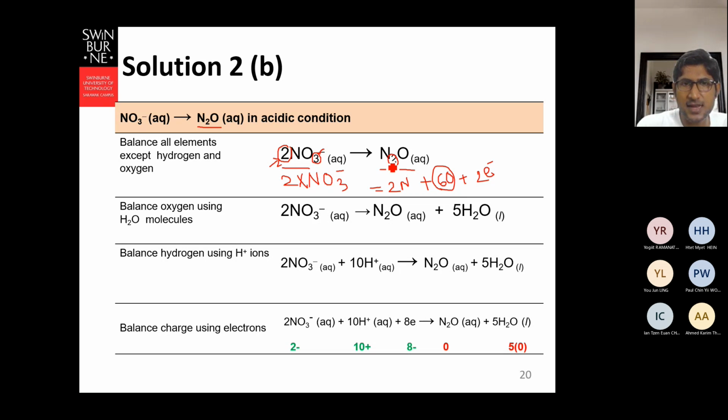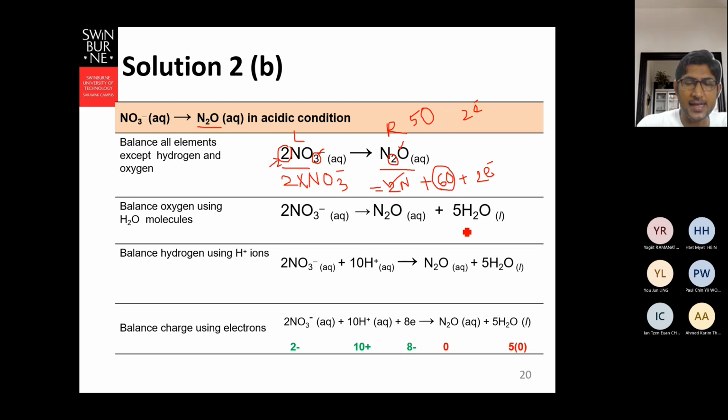So I have 6 oxygen on the left side, but on the right side I have 2 nitrogen, that is good, but I have only 1 oxygen. Where are the other 5 oxygen? I have another 5 oxygen and 2 negative charge. Forget the charge for now. So these 5 oxygen can produce 5 molecules of water.